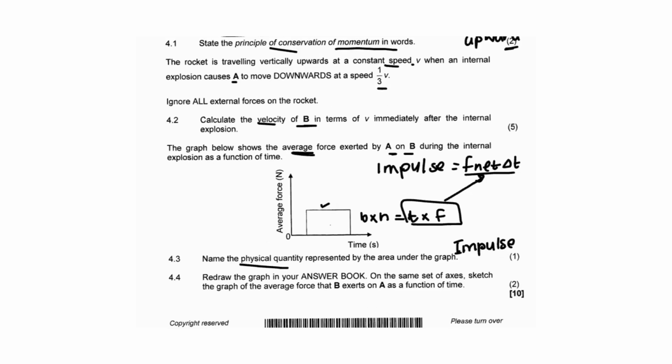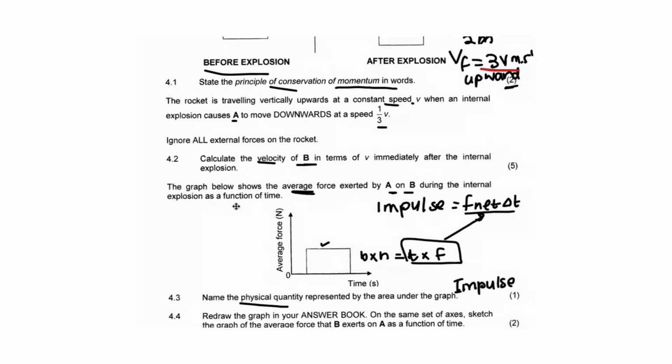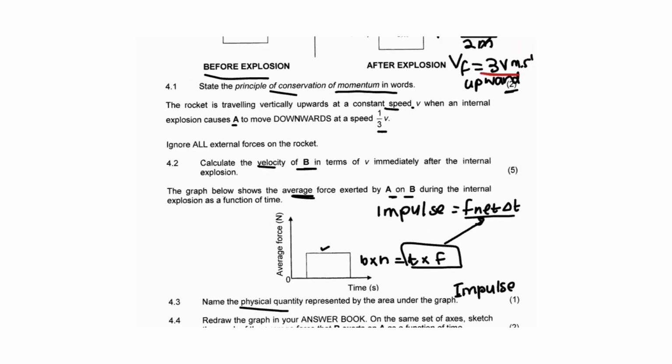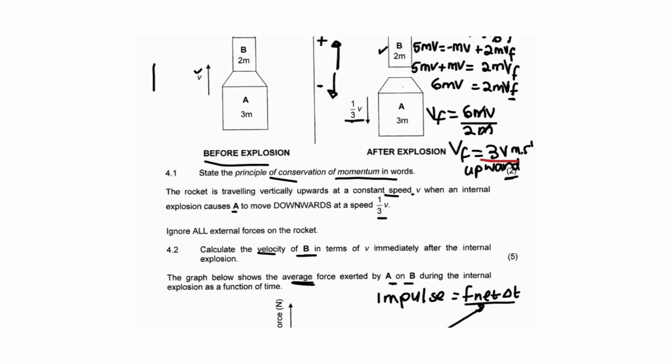So before we can draw the graph, let us find out how that force is going to be, because the graph was showing us the average force exerted by A on B during the internal explosion. So it means when the system exploded, A exerted a certain force on B, resulting in B going up and A itself going down. Why did A go down? That is because B also exerted a force on A during the explosion.